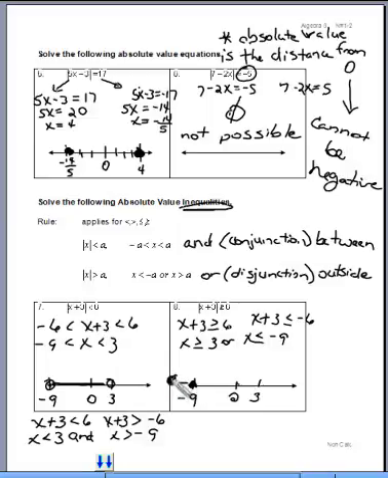They're not going to join when your initial absolute value inequality is greater than. And on this one x is greater than 3, so you go out this way. Okay. So that is your absolute value and linear inequalities and some absolute value equalities for lesson 1-2.